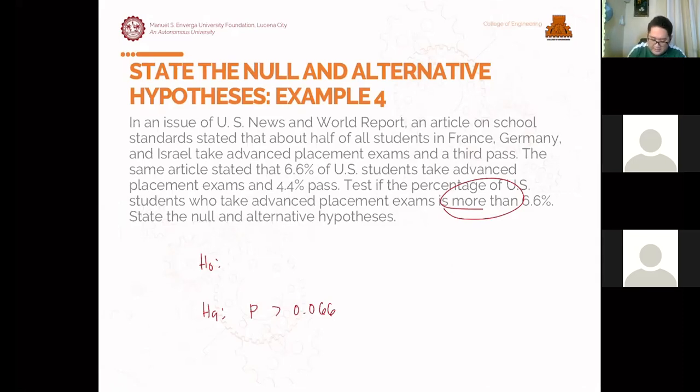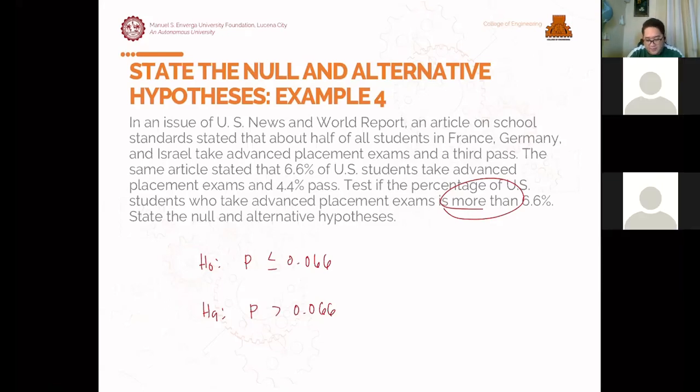So, ano yung ating alternative? Null hypothesis. Probability percentage is less than or equal 0.066. Okay? So, hopefully malinaw yung paggamit ng pag-identify ng null and alternative hypothesis natin. Okay?